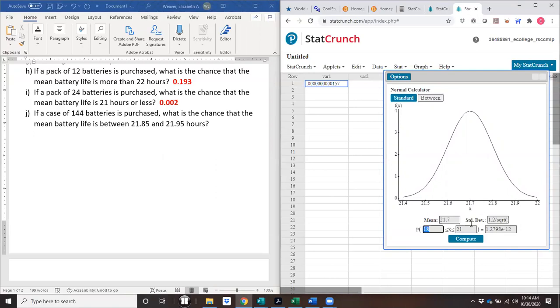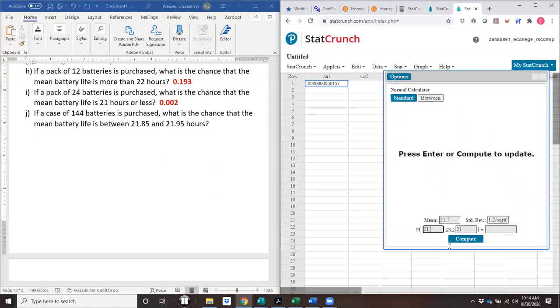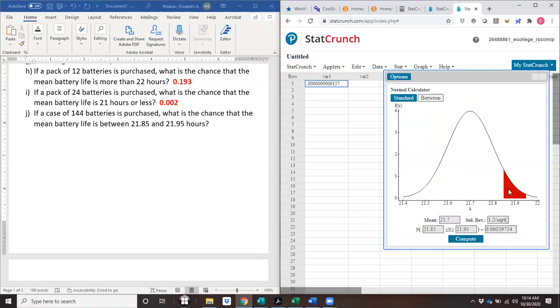So that's why these numbers are so nice. And so 21.85 as our lower and 21.95 as our upper. And we see that's this area over here. And we've got about 0.061 if we round that to 3 decimal places.